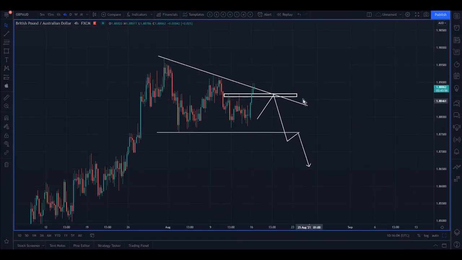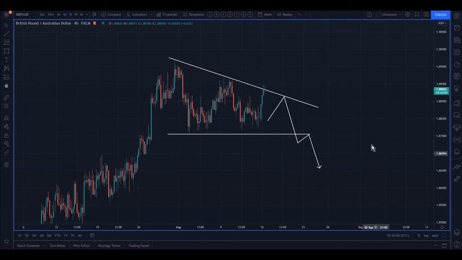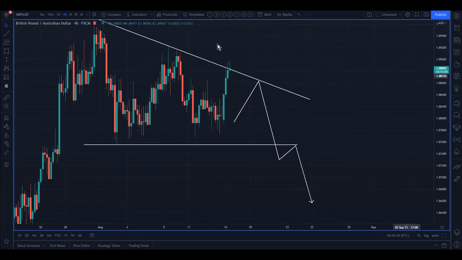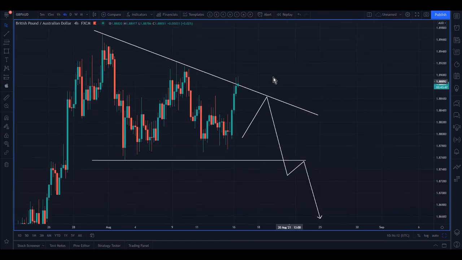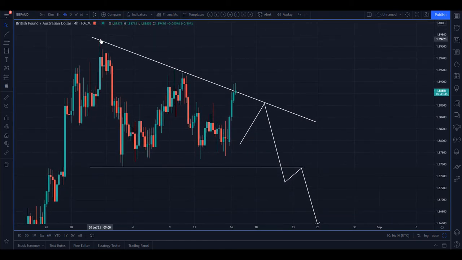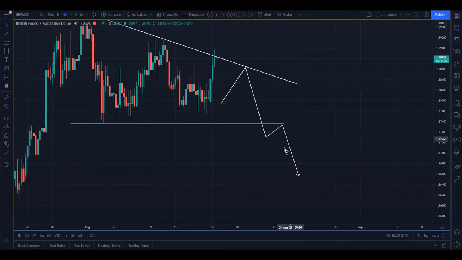You can see we've come into that top of the triangle again and potentially got a false break here, but what's more important is we've had a high, a lower high, and potentially a lower high here. So we could be seeing this drop, and if we do want it to break through this low here, looking for the first pullback, and then may look for a sell.